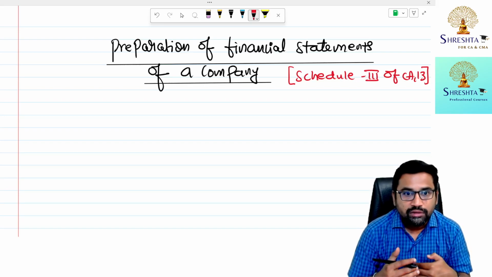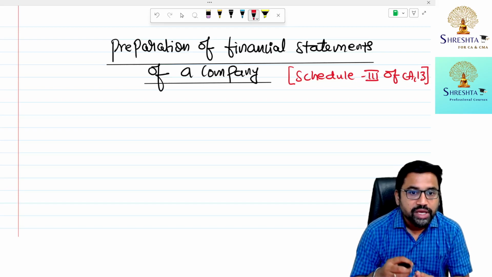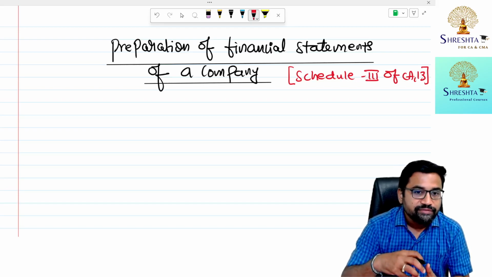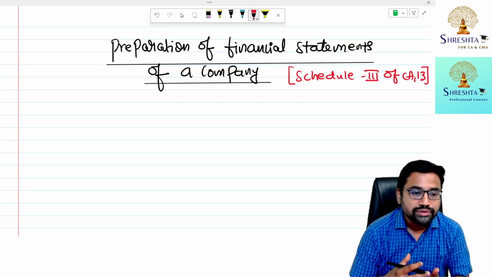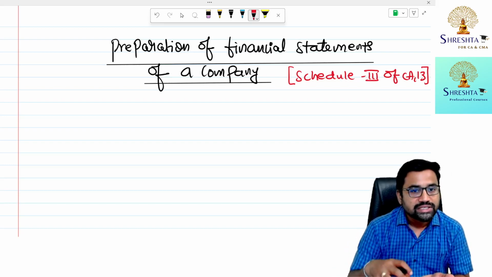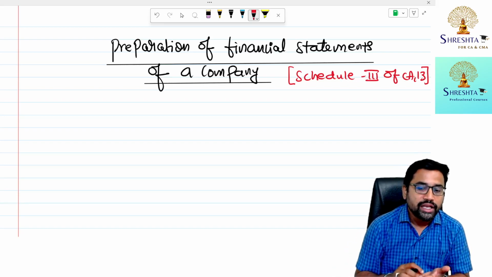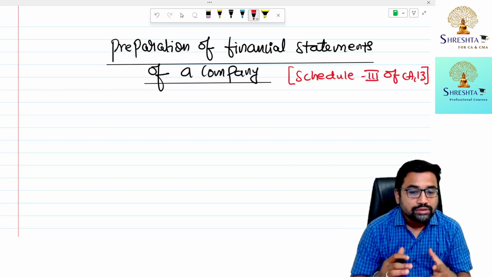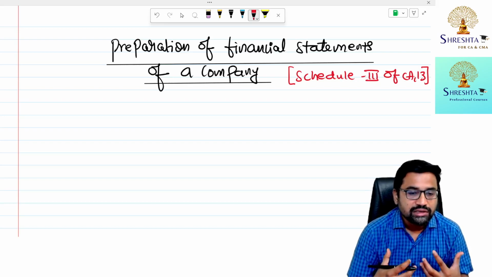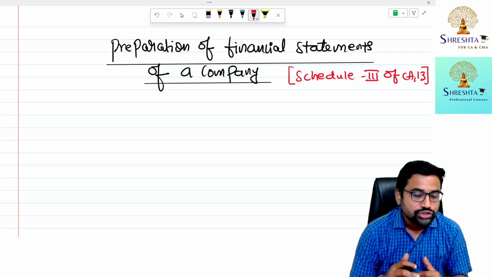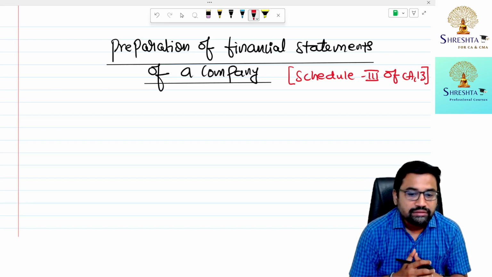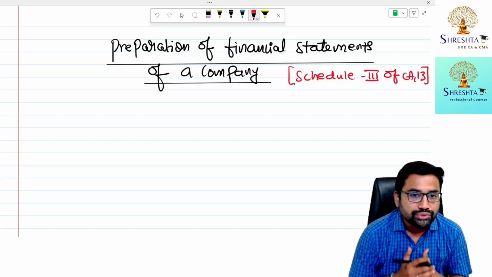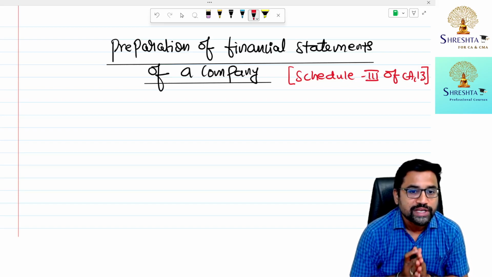Therefore Schedule 3 makes it mandatory for every corporate organization to prepare financial statements in such a format, so that the necessary information should not be missed, and users of financial statements should know the complete information about the organization.